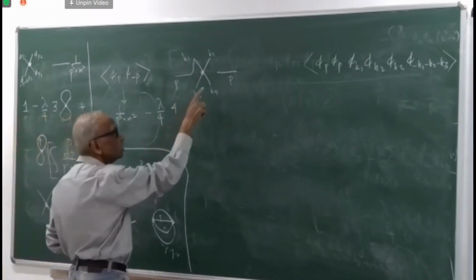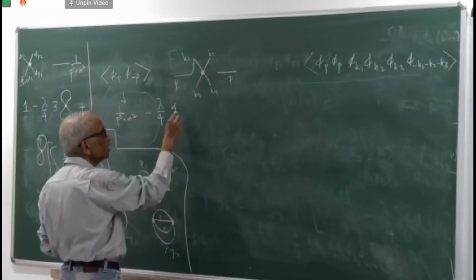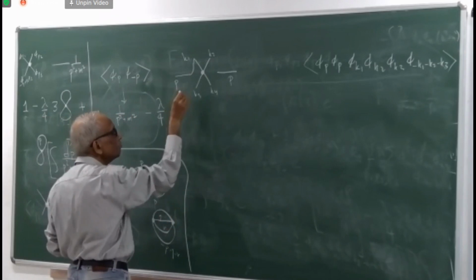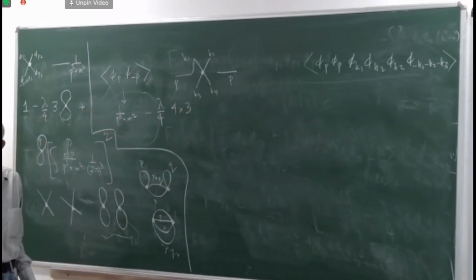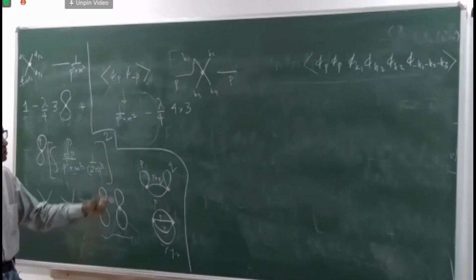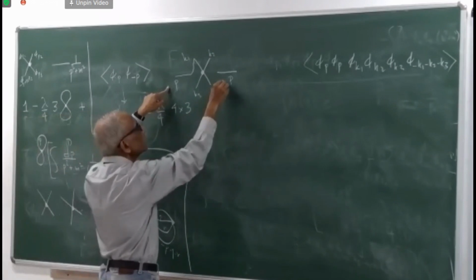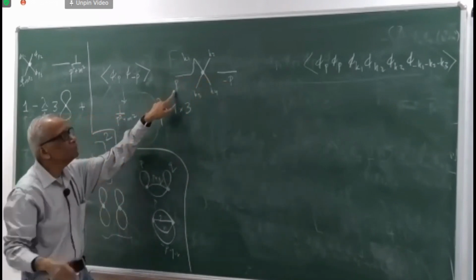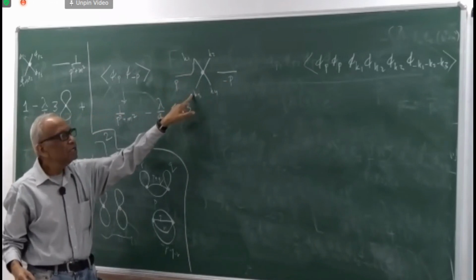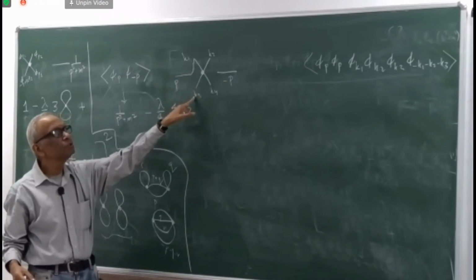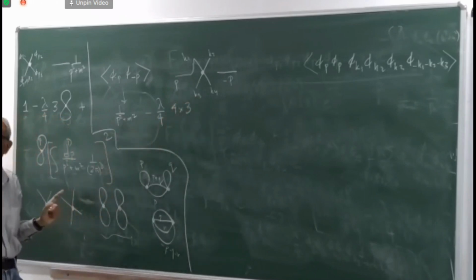And then the other one now has only 3 options left. Once this P has picked up any one of these K1, K2, K3, K4, then minus P's choice is reduced to 3. So for every 4 over there, it can go to 3. So 4 times 3.